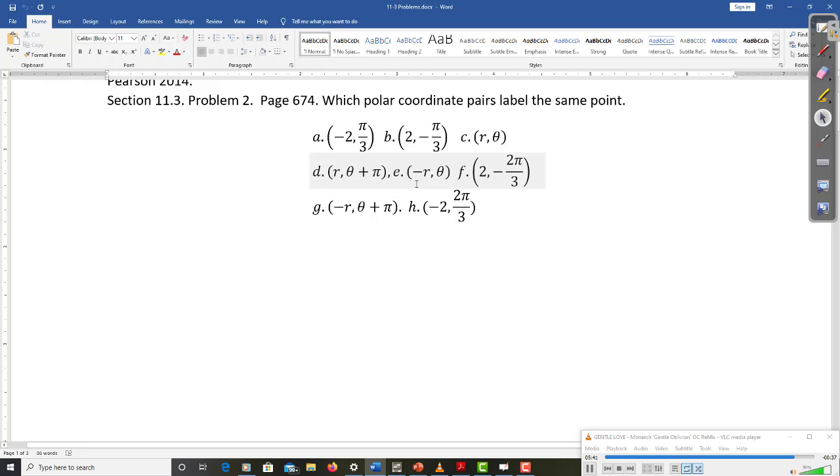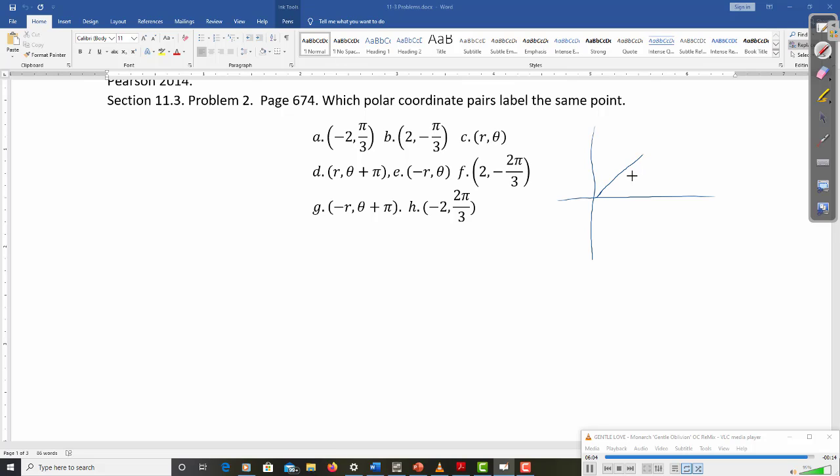So here's an interesting problem. It's asking which polar coordinates label the same point. So if we think about this, we have a pi over 3 angle. Pi over 3 is a 60-degree angle, so it's about like this, and maybe a little bit taller.